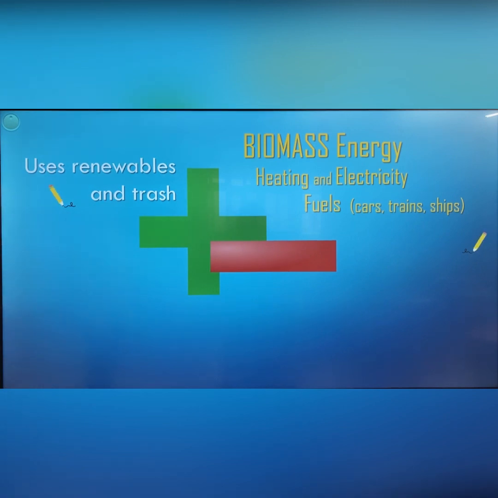Now, let's look at some of the negatives or cons of biomass energy. The first, and the most important, is air pollution. Because biomass needs to be burned, the burning of biomass creates a lot of air pollution that may contaminate our air, reducing the oxygen and the necessary components for us to breathe healthy air.